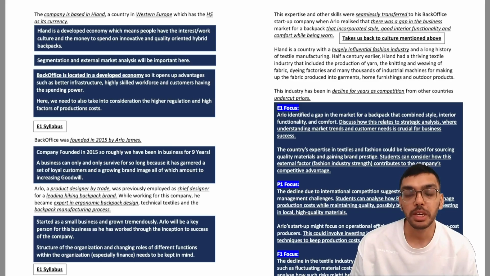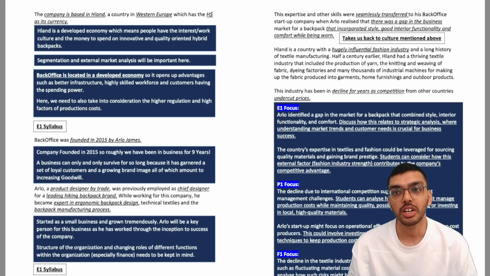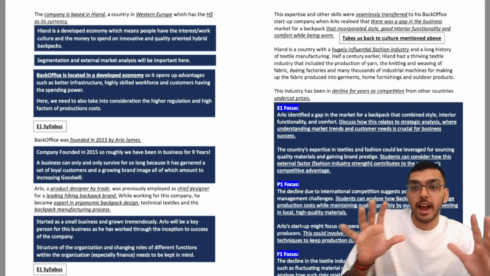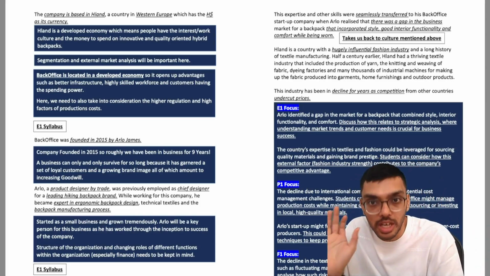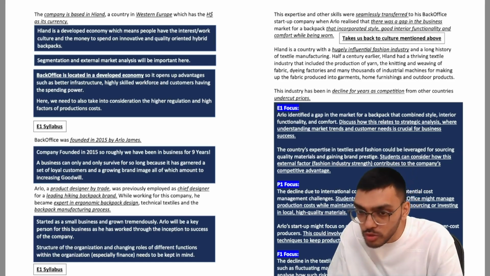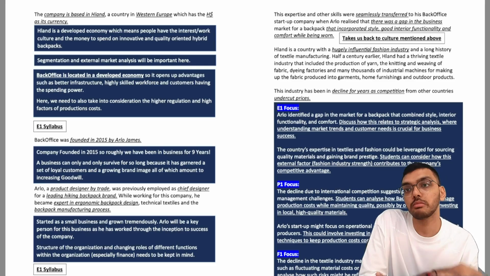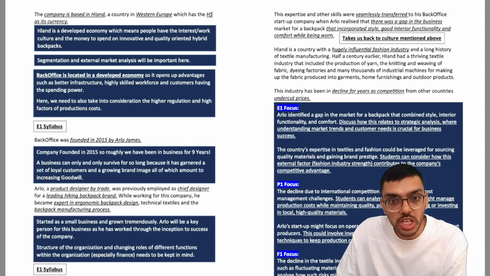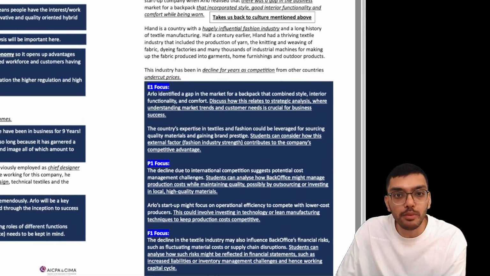The industry has been in decline for years as competition from other countries undercut prices. So Iceland had a history of a hugely influential fashion industry, and it had a great supporting industry, but this industry has declined in Iceland because Southeast Asian countries and other countries are giving cheap manufacturing options. We know that.